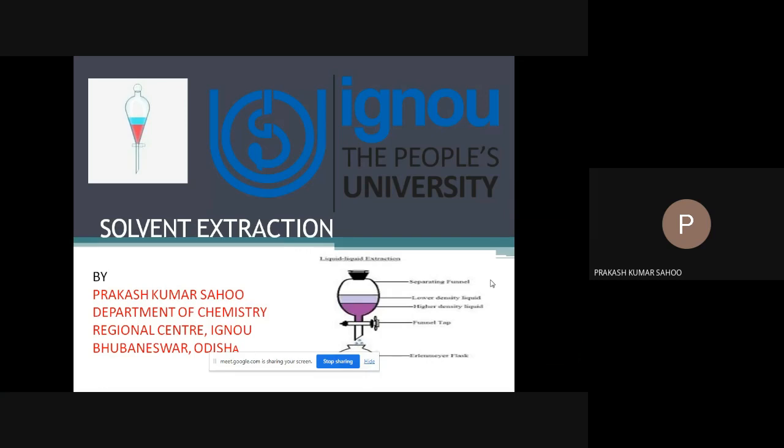I think my slide is clear and visible to all. So today we have the second unit of your paper MCH 002 of the PG DSC program, that is your solvent extraction.